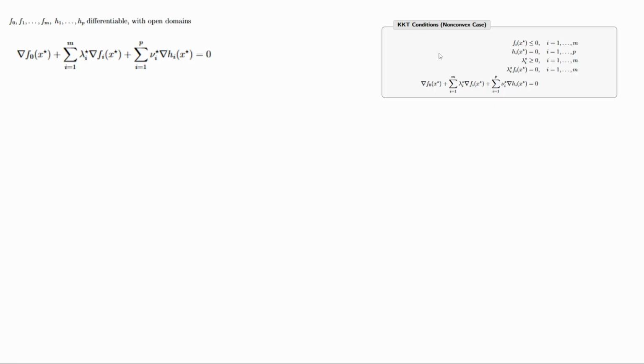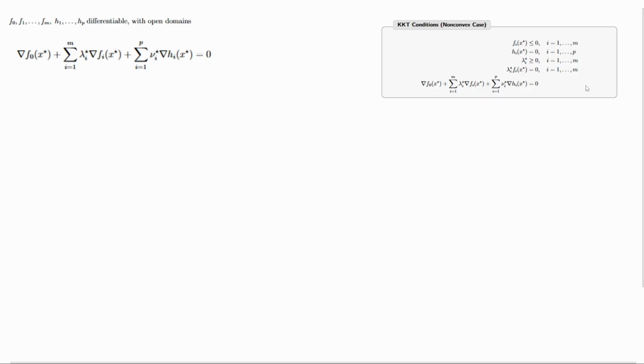Now here's where it gets more interesting and maybe more powerful, and why we like convexity a lot. Really the big picture here: if the problem is convex, so that means f_i is convex and h_i is affine, the arrow reverses. It means that if these conditions hold true, then the problem is optimal.